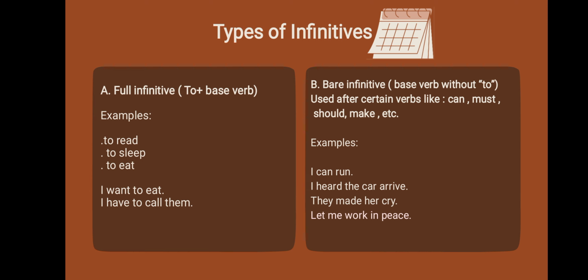Bare infinitive: base word without to used after certain verbs like can, must, should, make, and etc. Examples: I can run. I heard the car arrive. They made her cry. Let me work in peace.